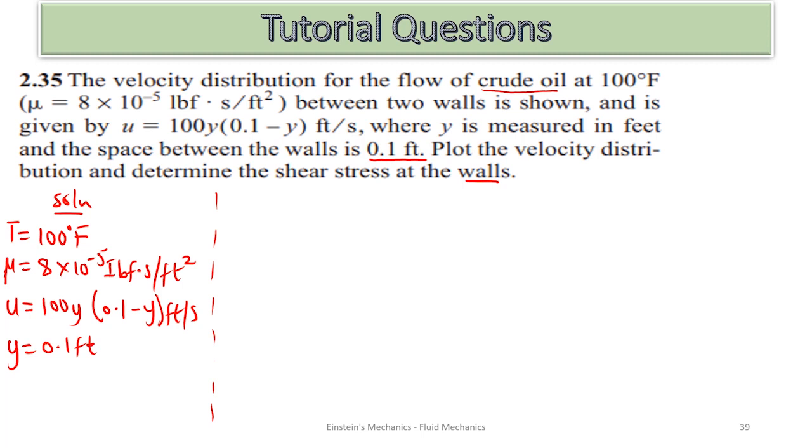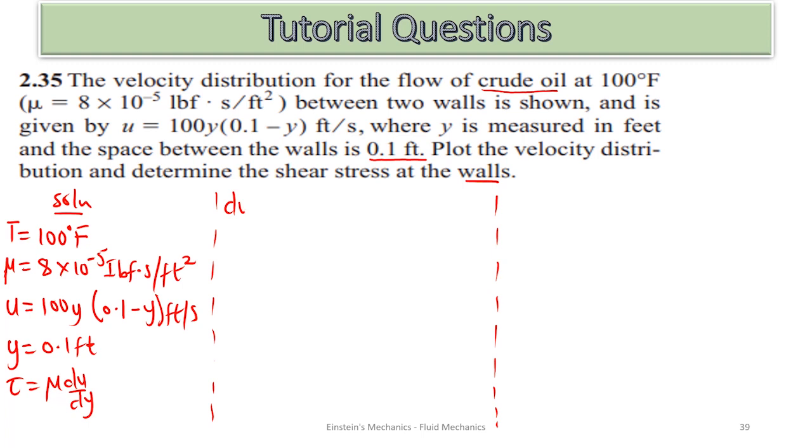Are we good? So here we know that our shear is going to be mu du on dy, but we have our du dy. We can obtain that from the equation. Now, the velocity is given in an equation form which involves what? Y. So I can differentiate the u with respect to y and get my rate of strain.